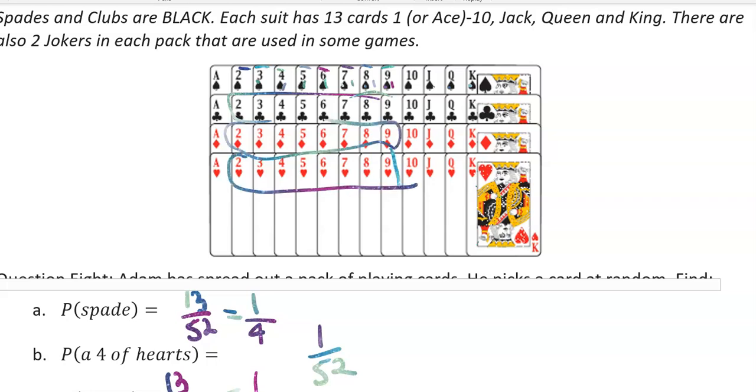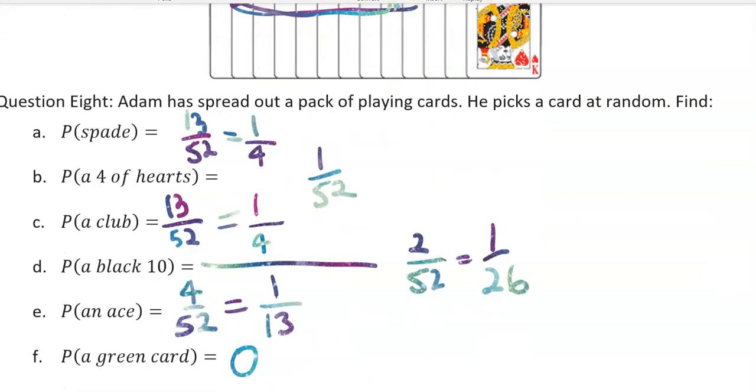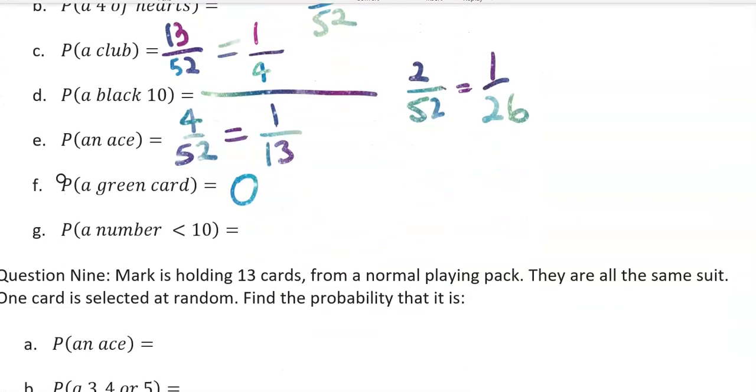So we've got 4 lots of 8. So there's actually 32 cards that are numbers less than 10, out of 52 in total. Now that will simplify. Divide by 4, we get 8. Divide by 4, we get 13. So 8 out of 13.